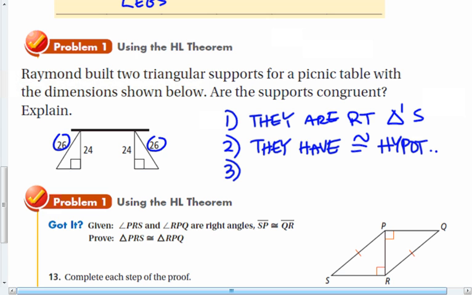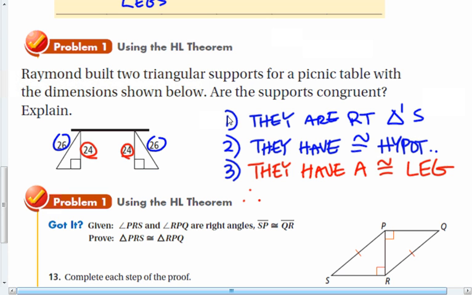We can see that this leg and this leg have the same measure, so they have a congruent leg. So our three conditions are met, so we're going to say, therefore, the triangles are congruent. And that's by the hypotenuse-leg theorem.